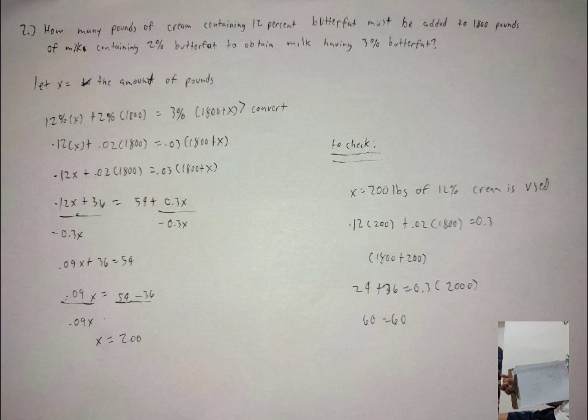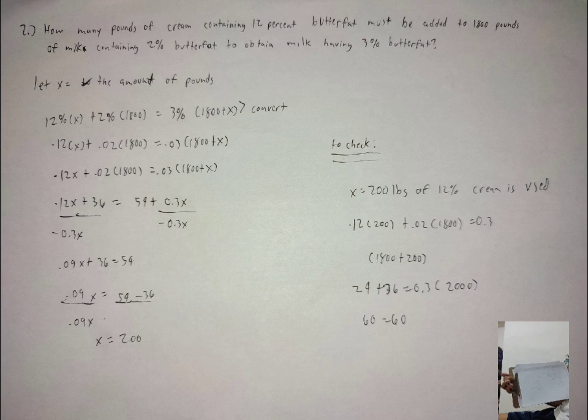Then divide both sides by 0.09, so X would be equal to 200 pounds of 12% cream.